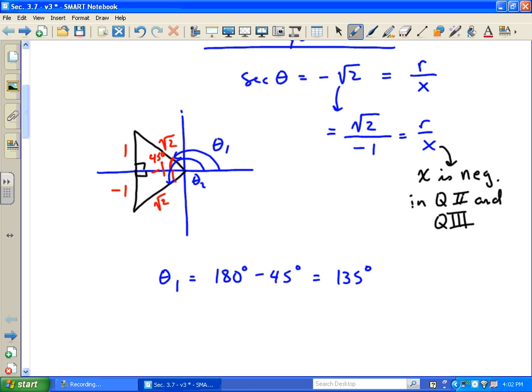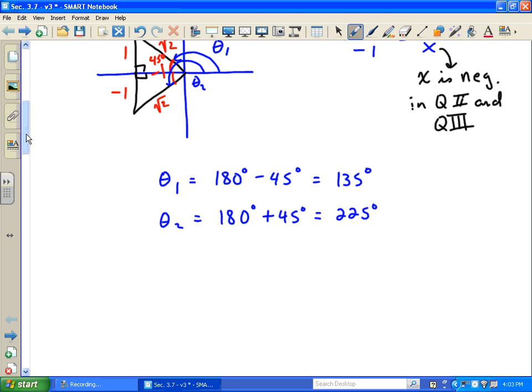So there's the answer in quadrant 2. Theta 2 is going to equal 180 degrees plus 45 degrees, and so that answer would be 225 in quadrant 3. So the solutions are theta 1 equals 135 degrees and theta 2 equals 225 degrees.